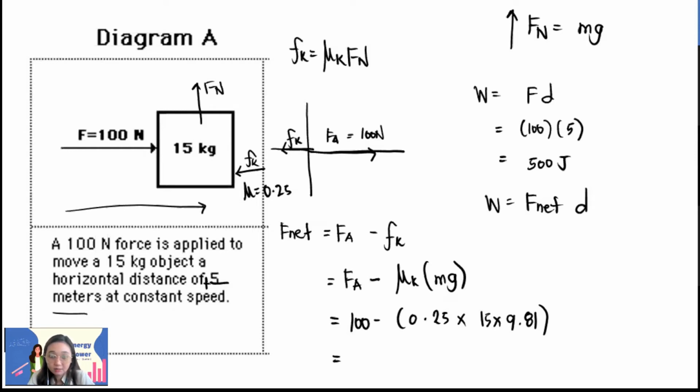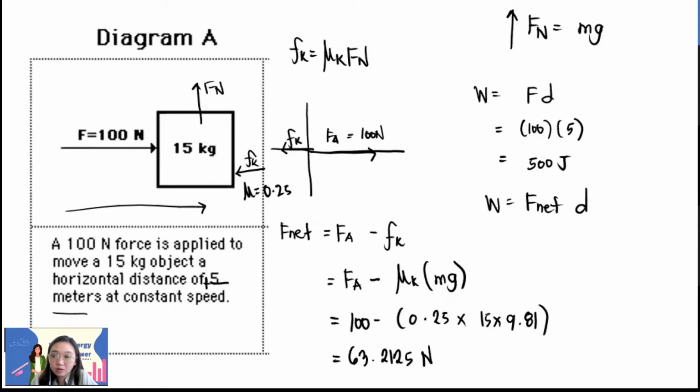100 minus 0.25 times 15 times 9.81. So the value of F net would be 63.2125 newtons. Tama po ba? Pareho po ba tayo na compute?